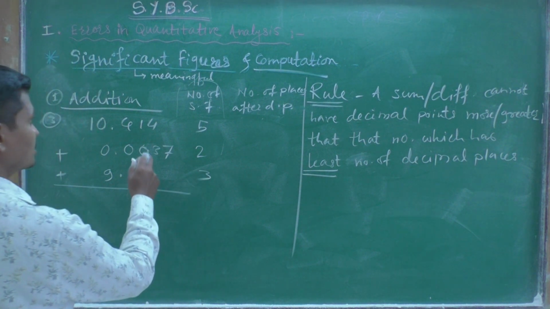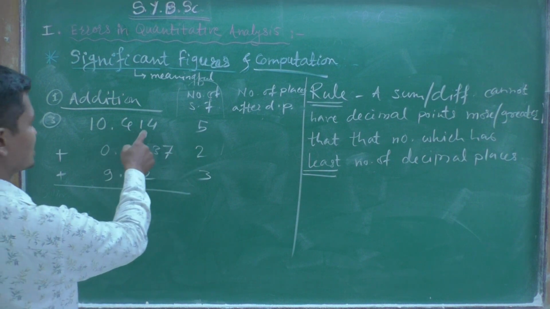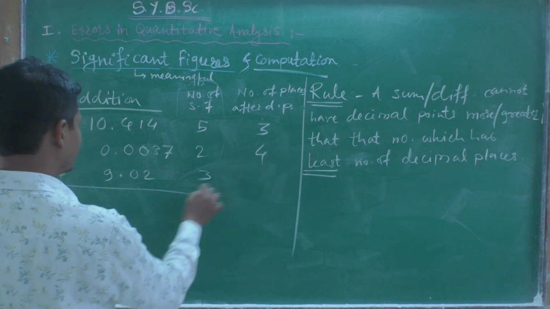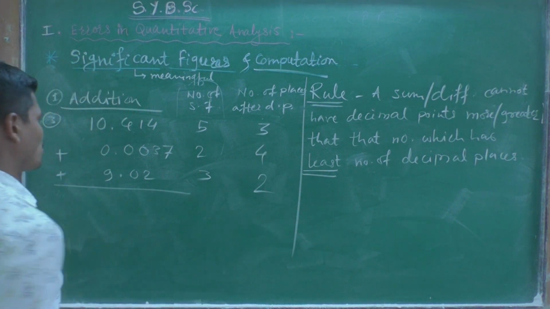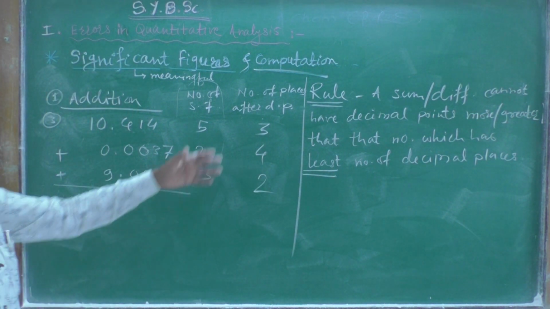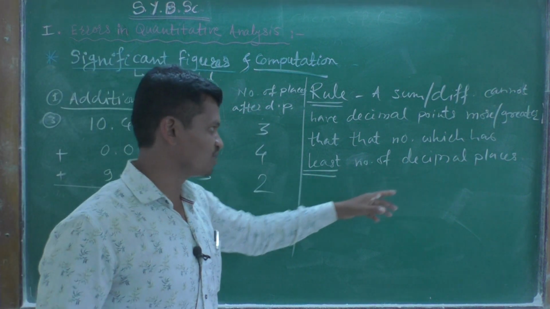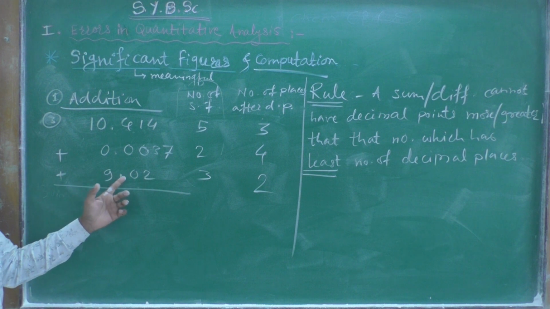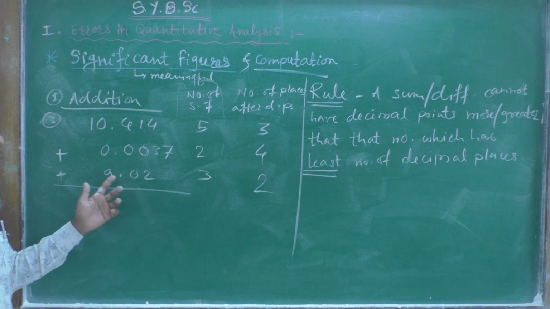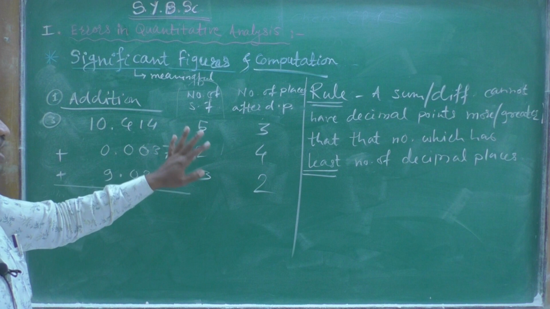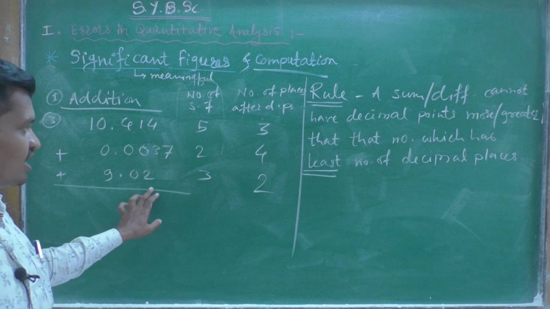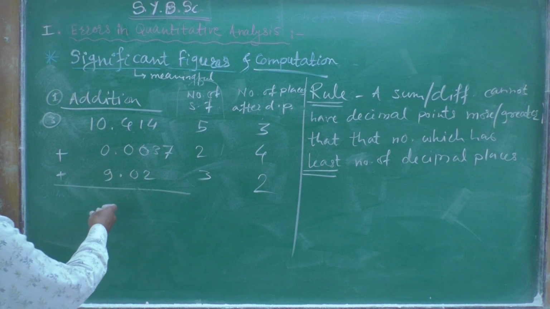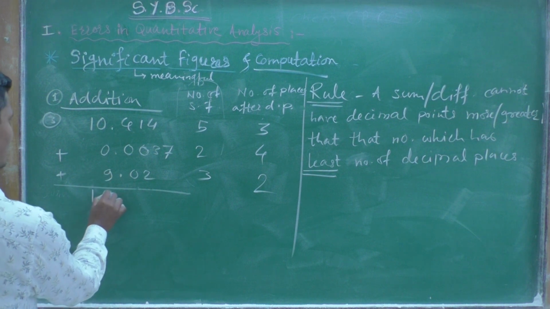Now the number of places after the decimal point: here 1, 2, 3, here 1, 2, 3, 4, and here only 2. Now what is the rule? Least number of decimal places. Which number has the least? This number, 9.02, which has only 2 places after the decimal point.